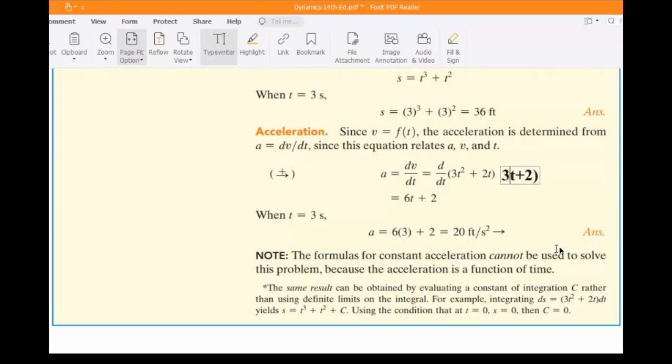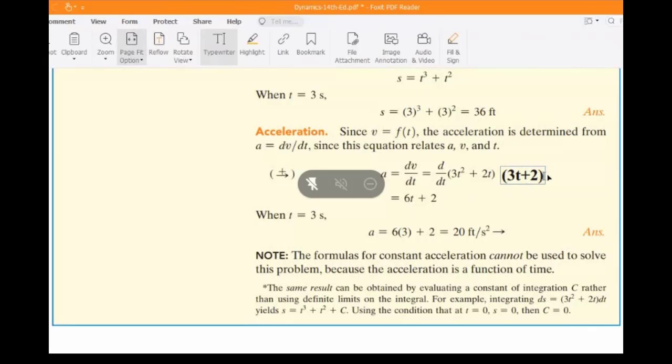If this is my equation, then what will be the acceleration? 3. Only 3, sir. Only 3. On differentiation, only 3.